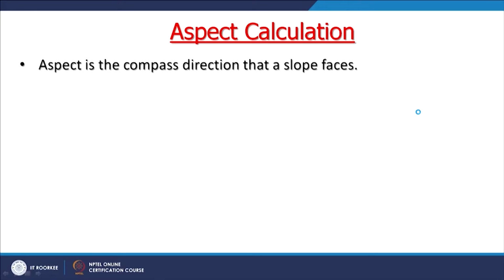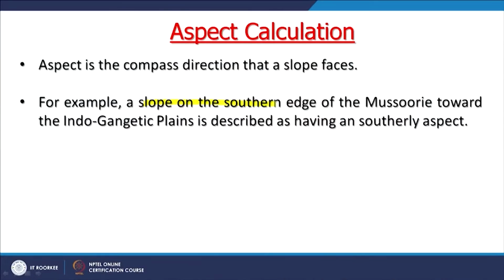Now, aspect is basically the compass or magnetic compass direction that a slope faces. For example, a slope on the northern edge of Mussoorie towards the Indo-Gangetic plains is described as having a southerly aspect, a slope facing southward on the ridge.